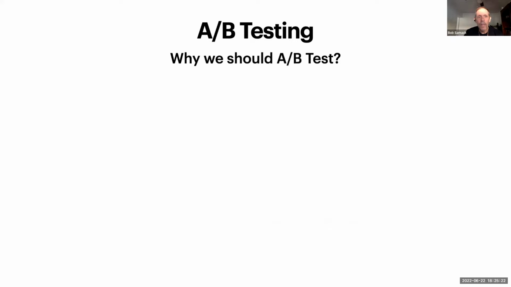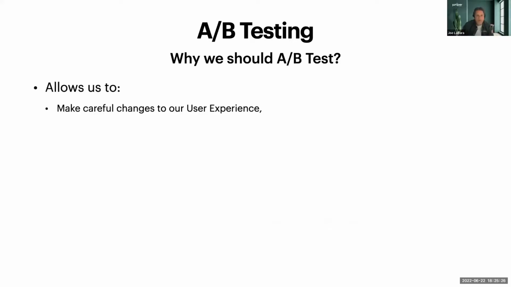So why should we A/B test? It allows us to make careful changes to our user experience while collecting data on the results. This allows us to construct a hypothesis and to learn why certain elements or experiences impact user behavior. In another way, we can be proven wrong.